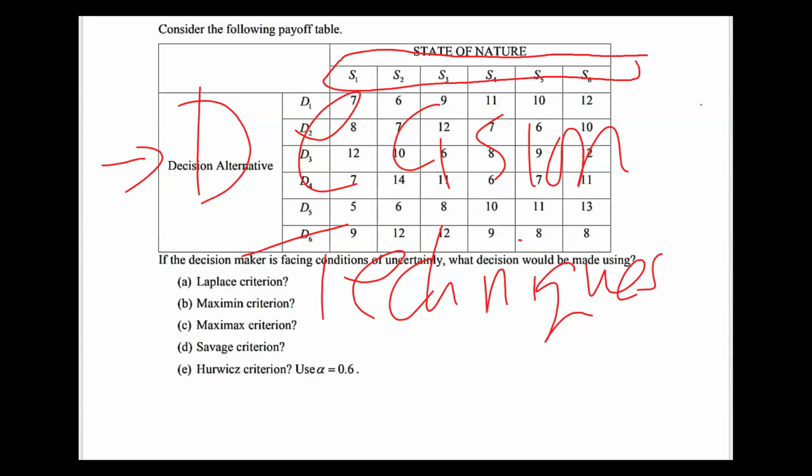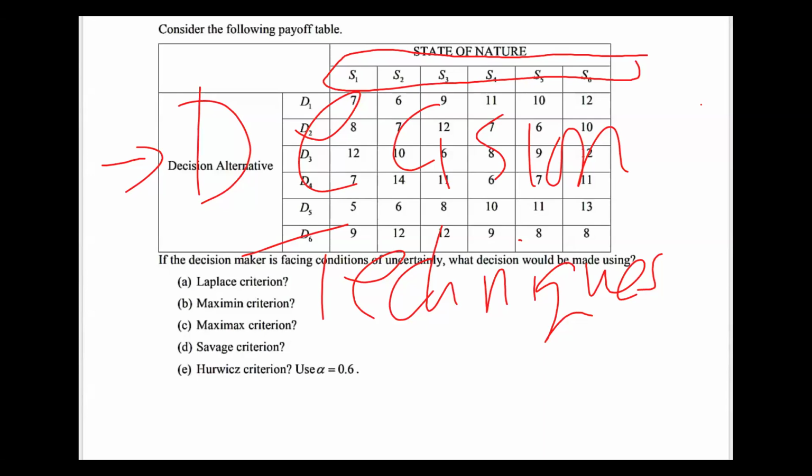These are underlying factors. So what decision do you make given these states of nature that you don't have control over? You just have to accept them the way they are. So which route do you take? There are basically different methods of making such decisions, and these are the ones that were given.